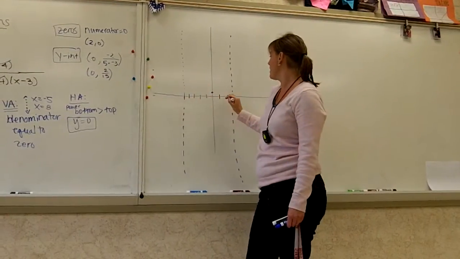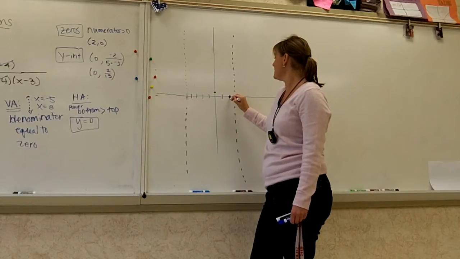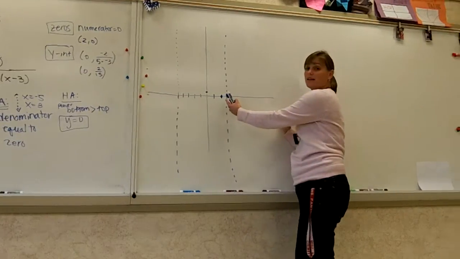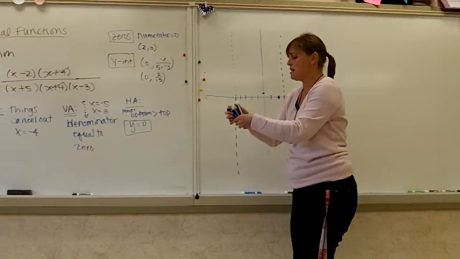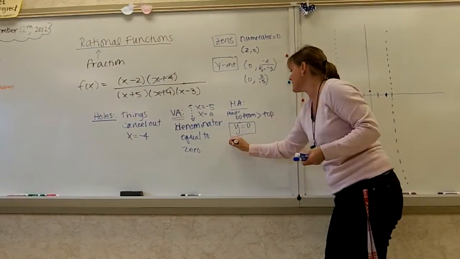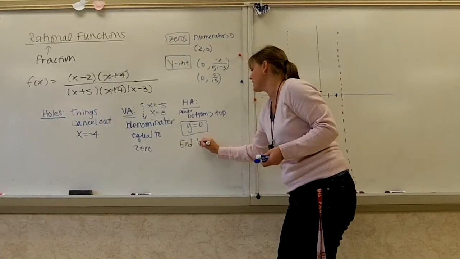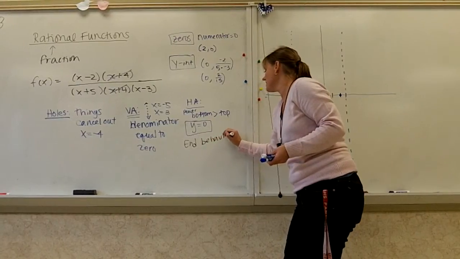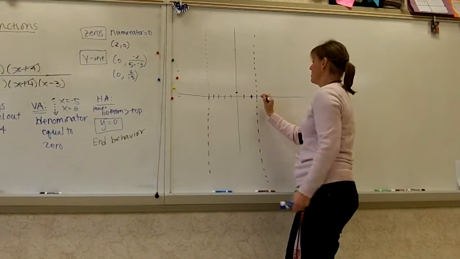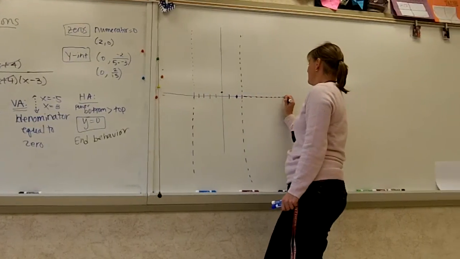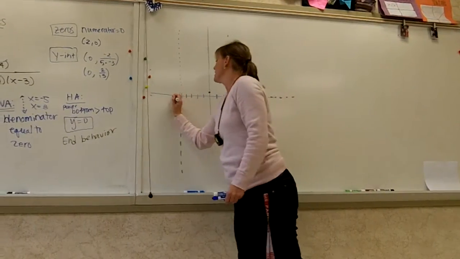I have a zero at (2, 0). So this is the only place right here that I can cross the x-axis. Now the end behavior, which is the horizontal asymptote, remember this is also talking about the end behavior. So that doesn't matter, this is the middle, so we don't care about that here. But at the ends, I'm going to put these zeros here at the ends.